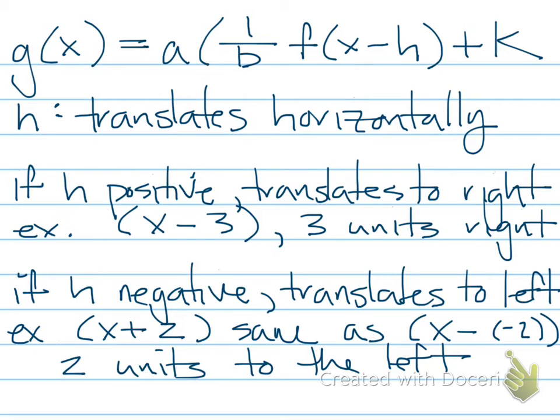Now keep in mind, if inside the parentheses you have x minus 3, that means that 3 is positive. All right, the format is x minus whatever h is. So if you have x minus 3, that means 3 is positive, and that's going to move the graph 3 units to the right. If h is negative, it's going to move it to the left.